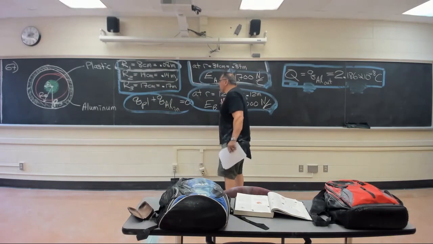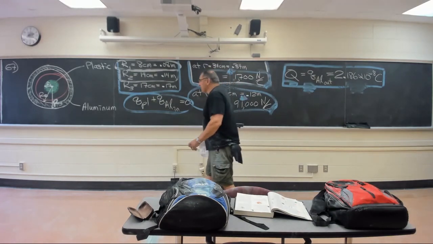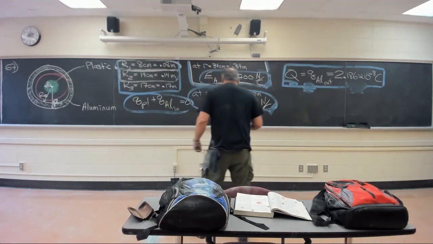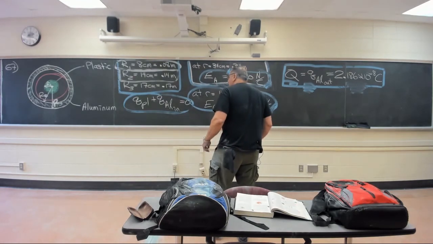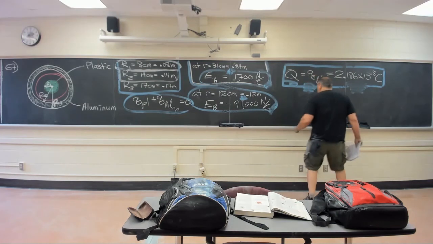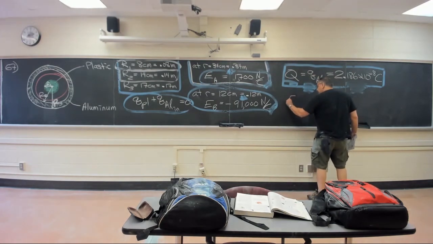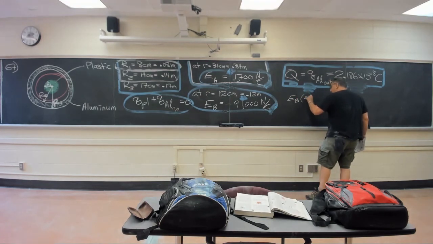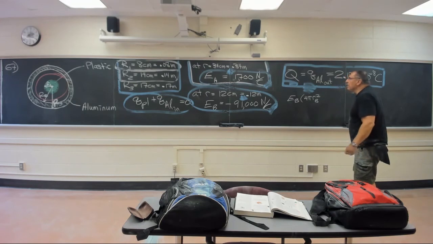What about this? Well, that's an interesting question. I guess you could say E sub B on that one, inside the E sub B scenario. The E sub B times 4 pi R sub B squared.